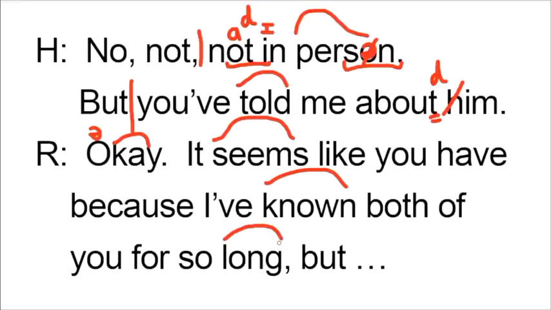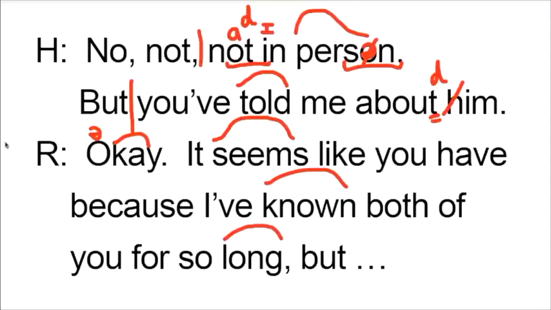Even though this sentence is very fast, it still has longer, stressed words. Seems, known, long. It's important to keep your stressed words longer, even when you're speaking quickly. This is what's clear to Americans.